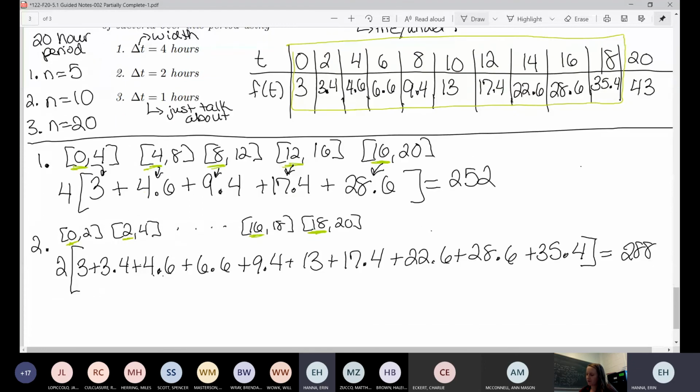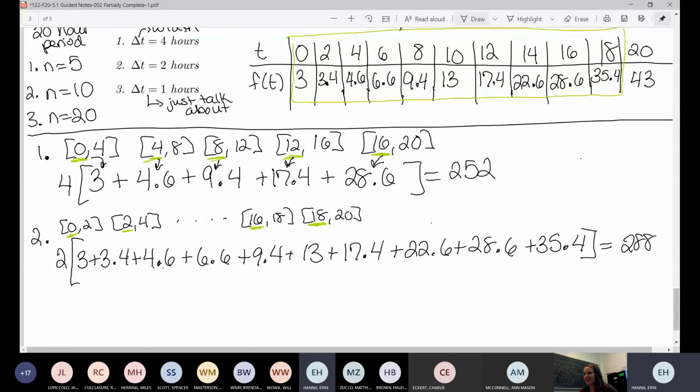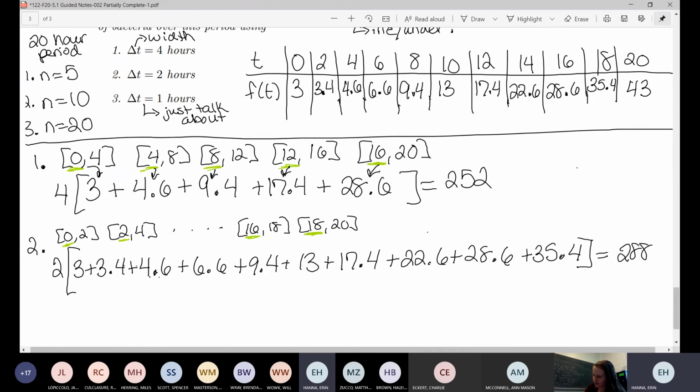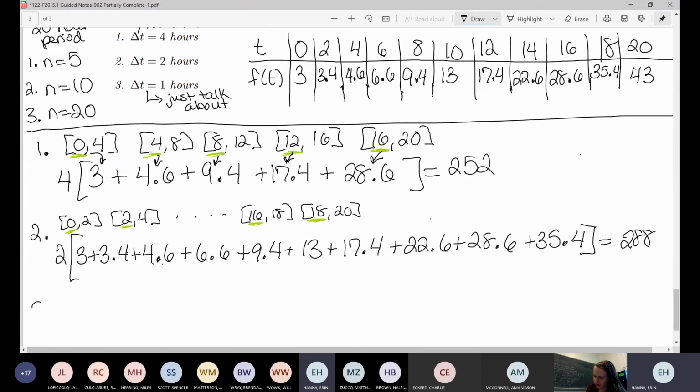Now, if we were to find all of the numbers between 0 and 20, add them all up and multiply by 1, because that would be the width, with delta t equals 1, the value you would get for the left-hand side would be 307. So again, we're increasing a little bit.